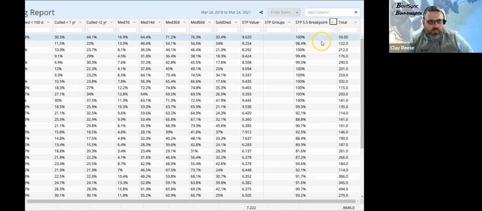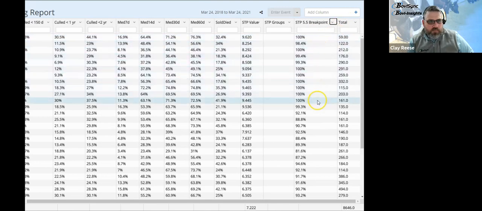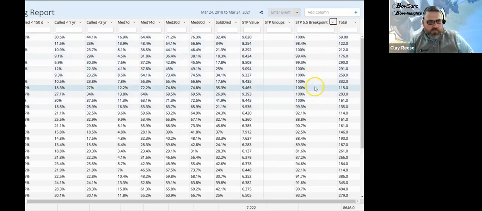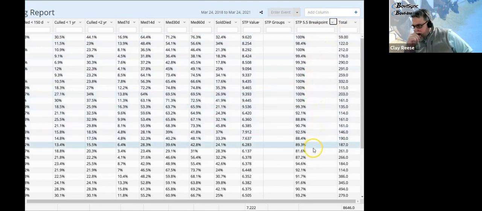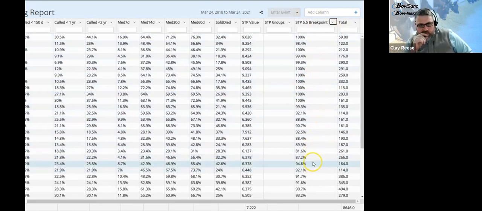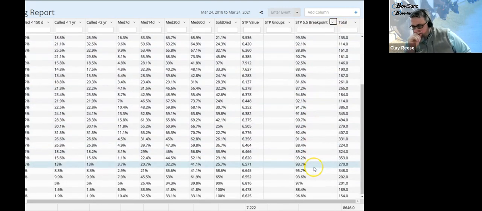So for instance, you see as time goes on, the percentage that are higher than 5.5 dips a little bit here for a couple of months before it's addressed and goes up a little higher.